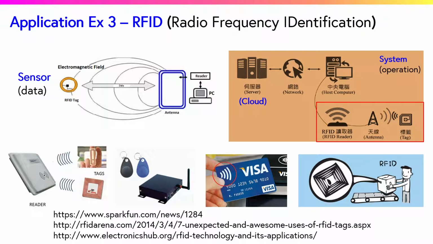Then the data will be collected and through the network may be stored on specific devices. So we see the RFID sensing, and then the computing, and also the big data or even the cloud. This is the whole system of the RFID. So we see the operation of RFID, and we also look at the whole picture of the RFID applications.